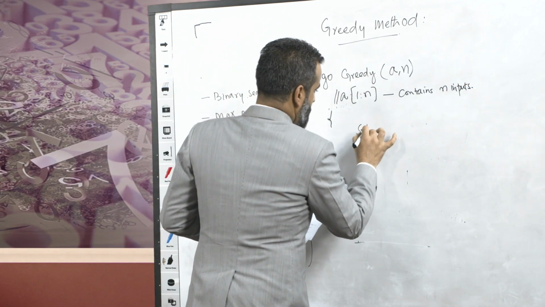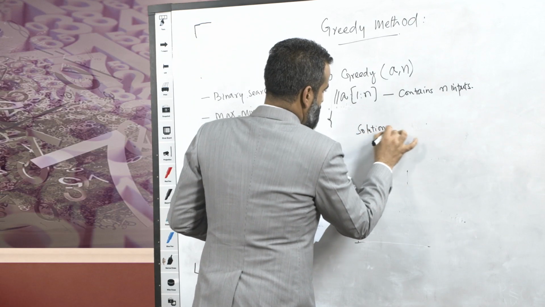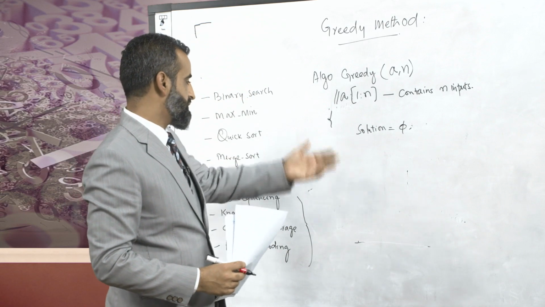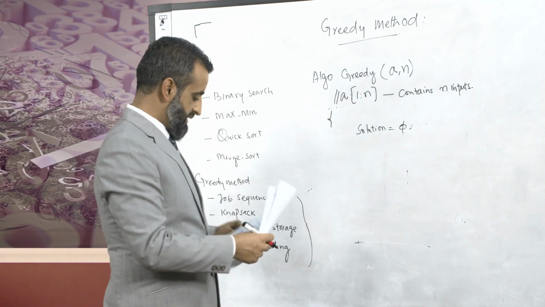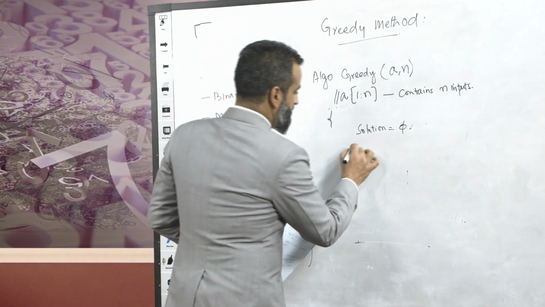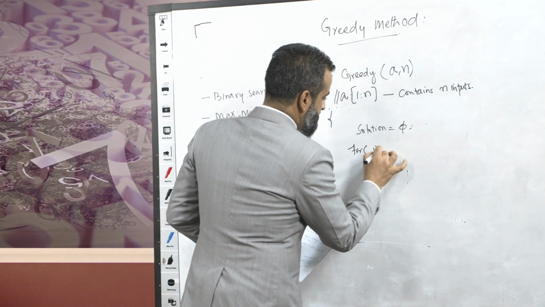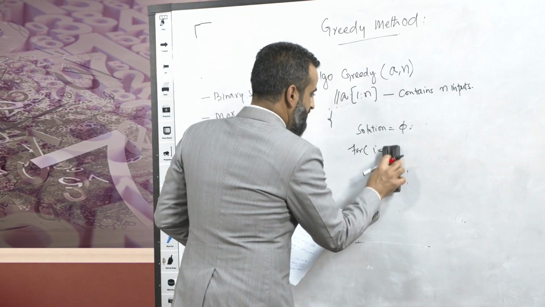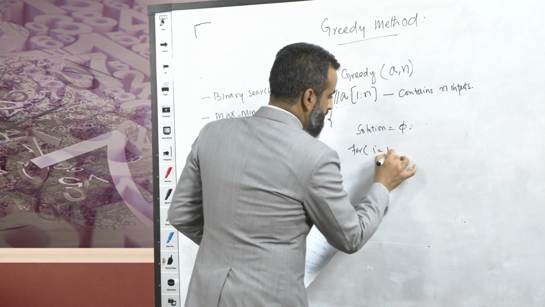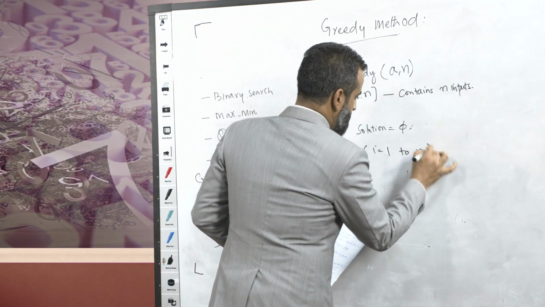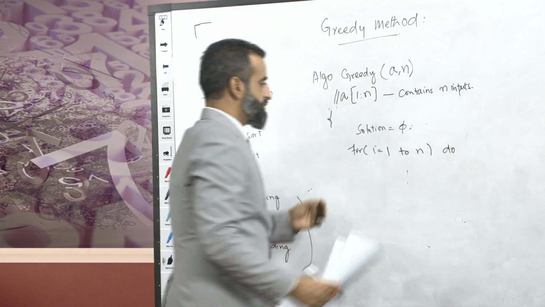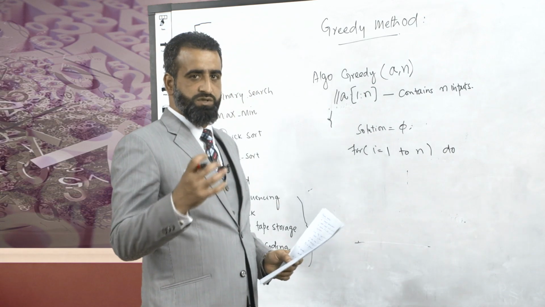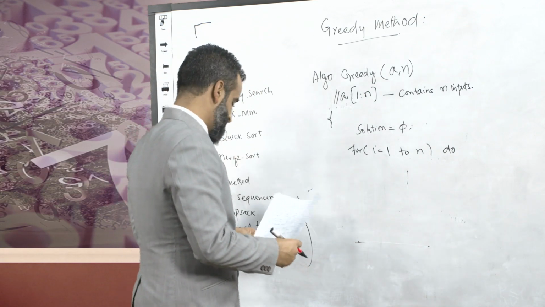Initially the solution is initialized to null, so nothing is there in the solution. We'll run a loop, essentially from 1, because we'll be considering the problem from 1, and the job of this loop is to traverse through all the inputs and see which of these inputs can possibly become a part of the solution or not.